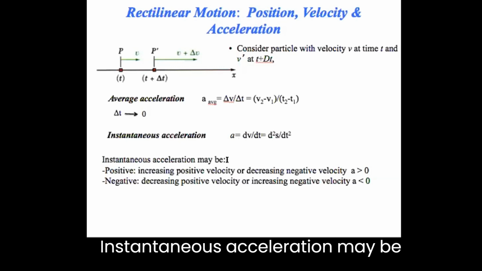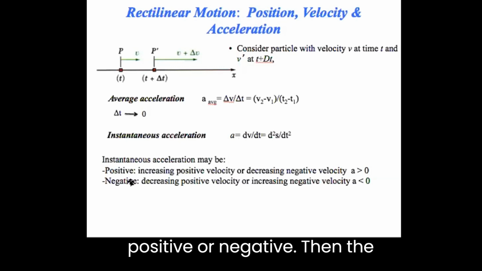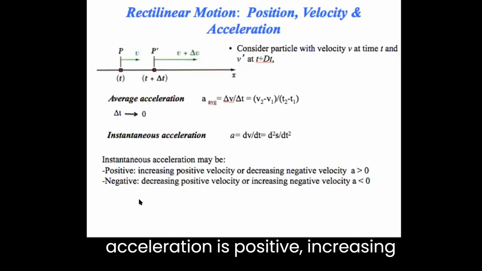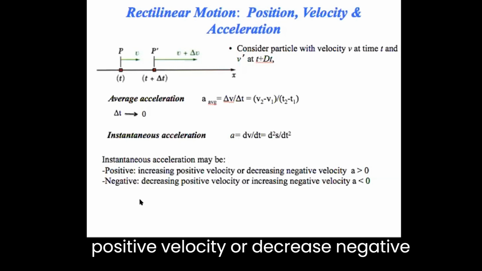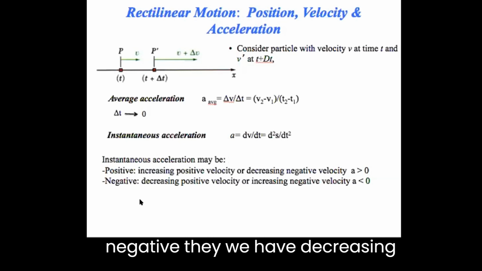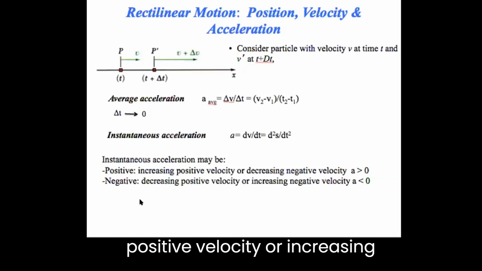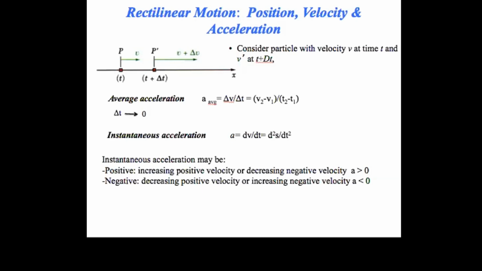Instantaneous acceleration may be positive or negative. When the acceleration is positive, we have increasing positive velocity or decreasing negative velocity. And when it's negative, we have decreasing positive velocity or increasing negative velocity.